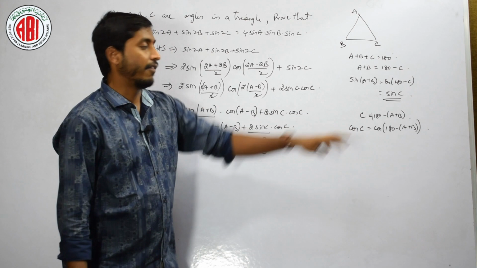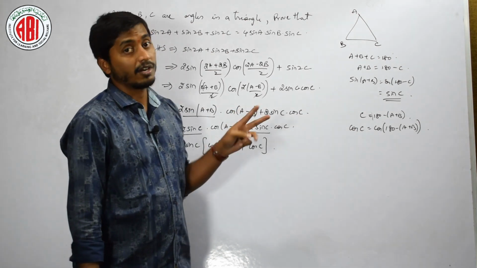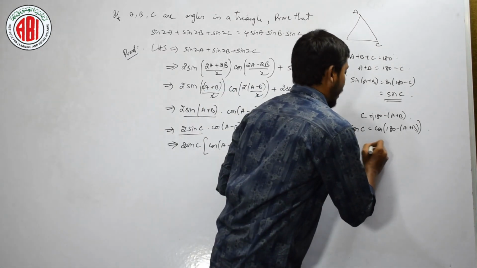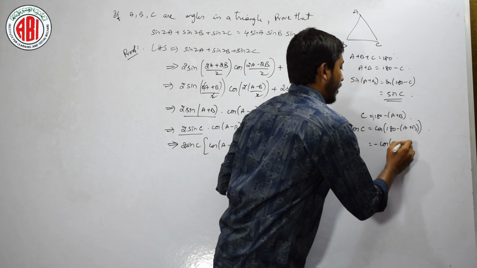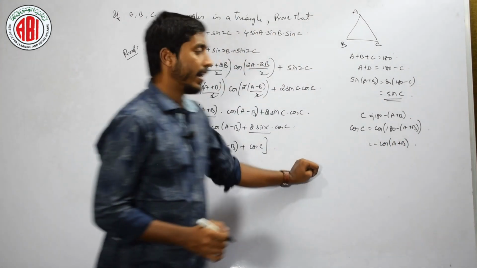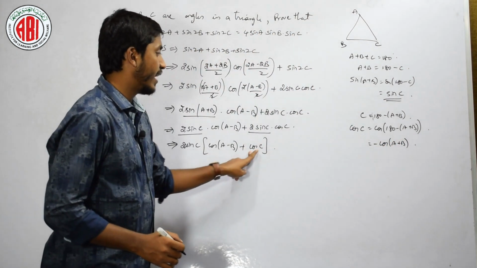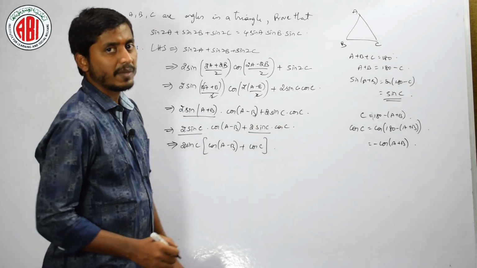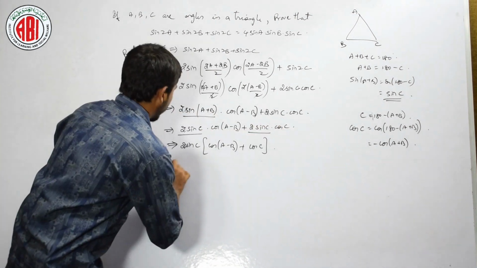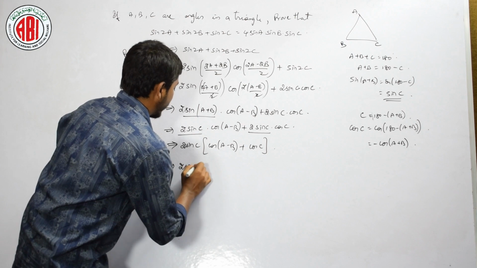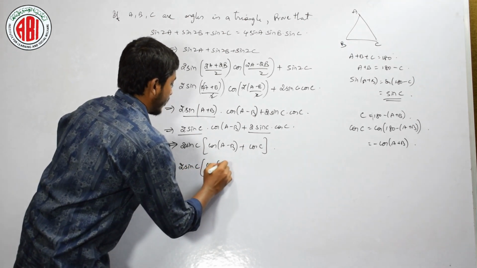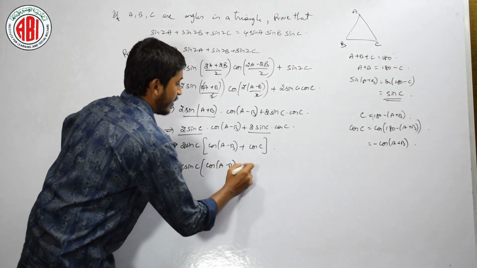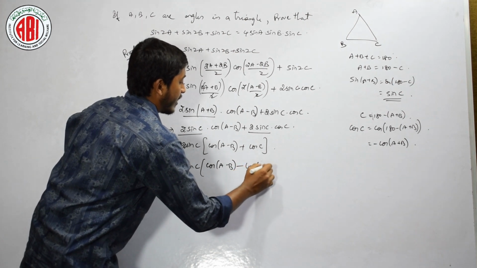Second quadrant. 180 will not change the ratio. Second quadrant, cos is negative, that will become minus cos of (A plus B), right. Now instead of cos C, can I write it as minus of cos of (A plus B)? We can write, right. This will be 2 sin C [cos of (A minus B) minus cos of (A plus B)].